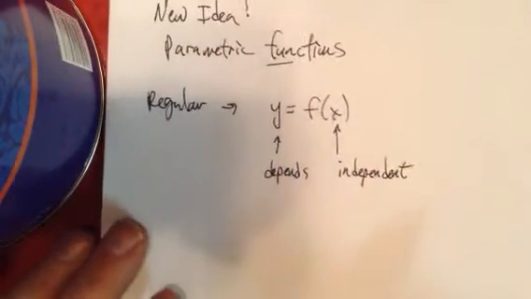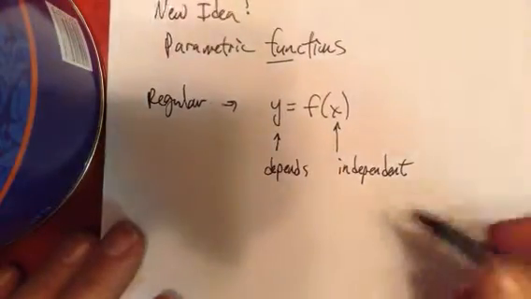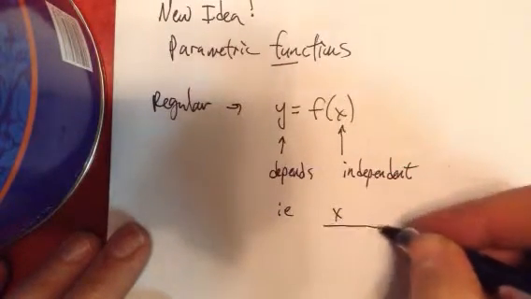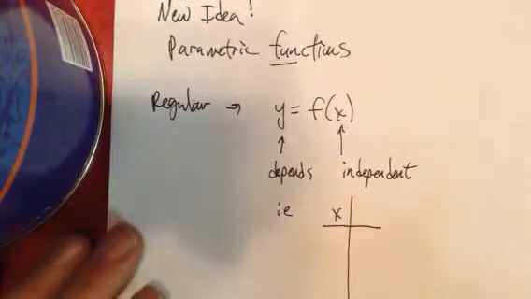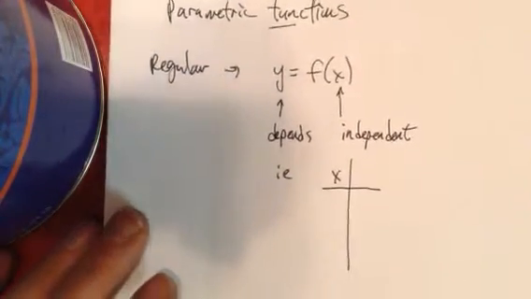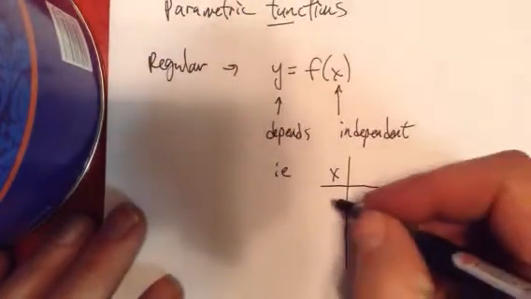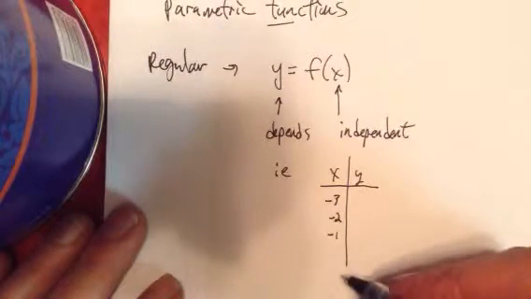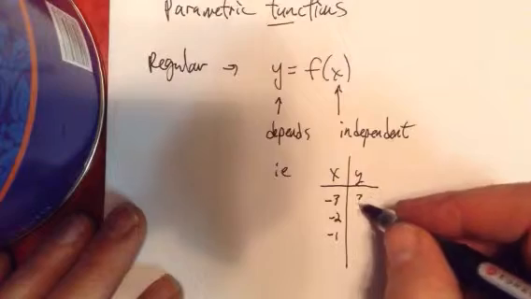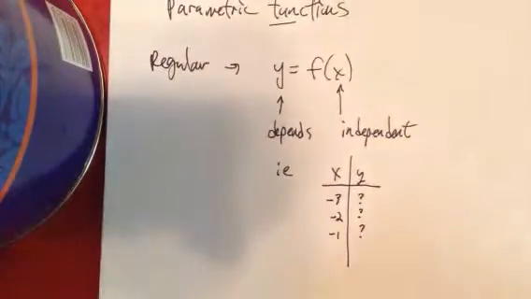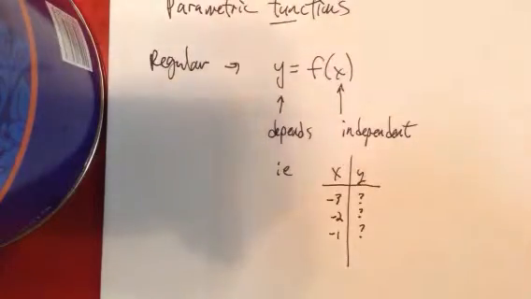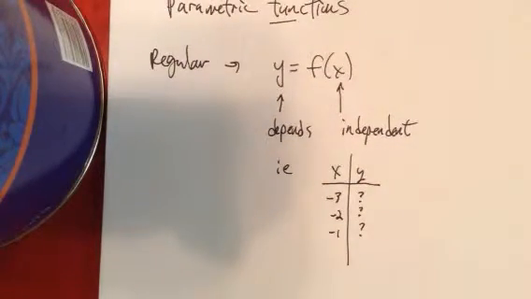And typically the way we initially think of this is we allow x to be whatever, so we make these little t-charts, maybe you remember these, and we pick some random values for x like -3, -2, -1, and those values for x determine the value for y. And in this manner we think of y depending on the value of x. That's what all that language means.